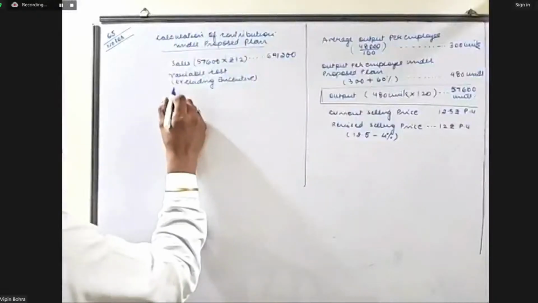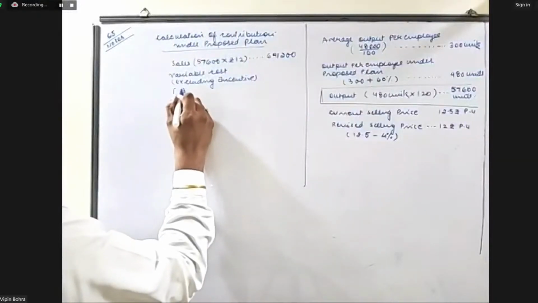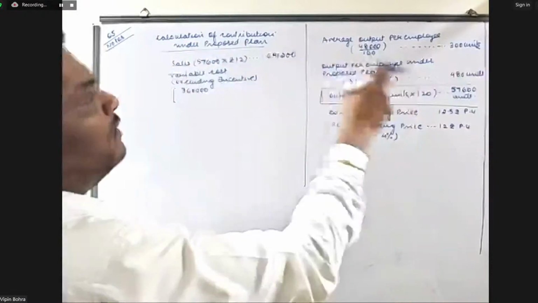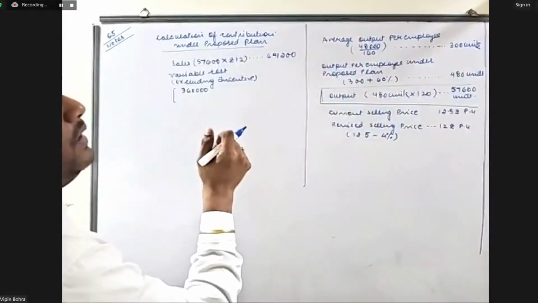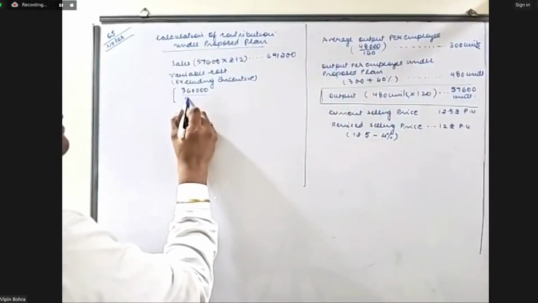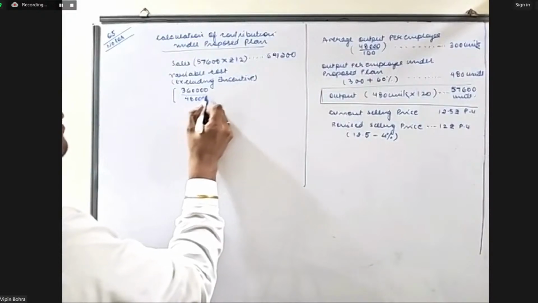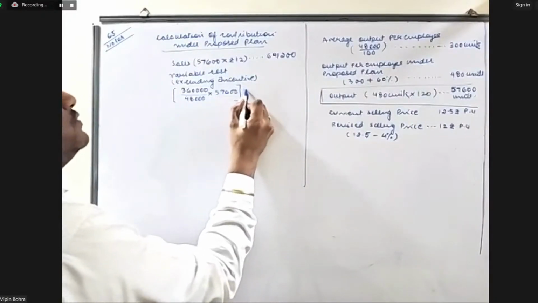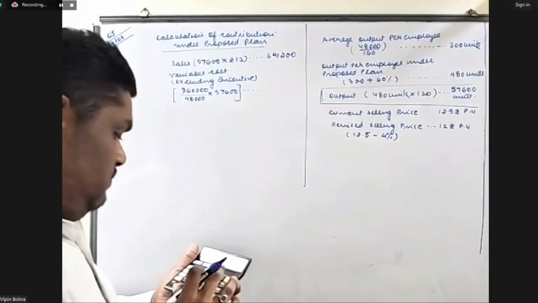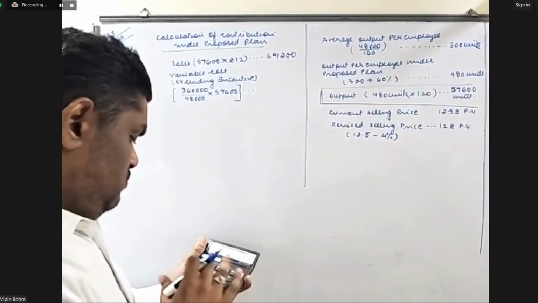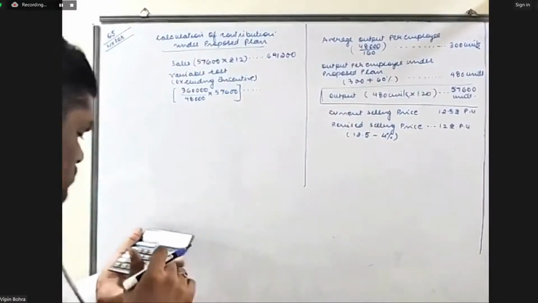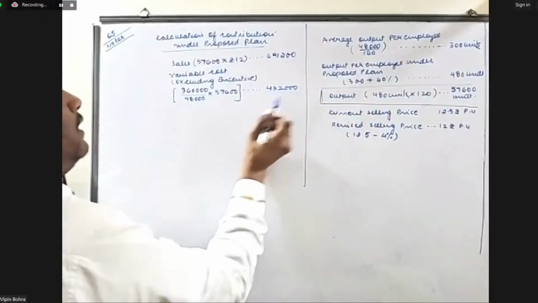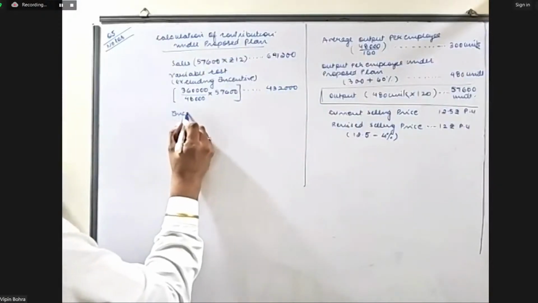So earlier my variable cost was 3,60,000 rupees for 48,000 units. So for 57,600 units, how much will my variable cost be? 4,32,000.